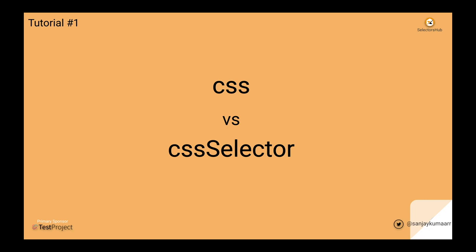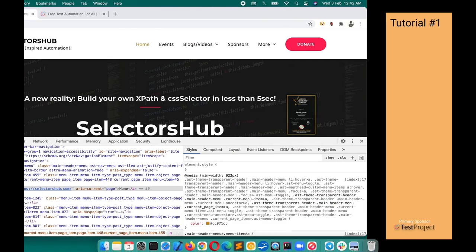On a day-to-day basis, while conveying things between testers and developers, we very frequently say, okay, change the CSS selector, change the CSS, maybe CSS is breaking. But actually, for selectors, CSS is not the right term.